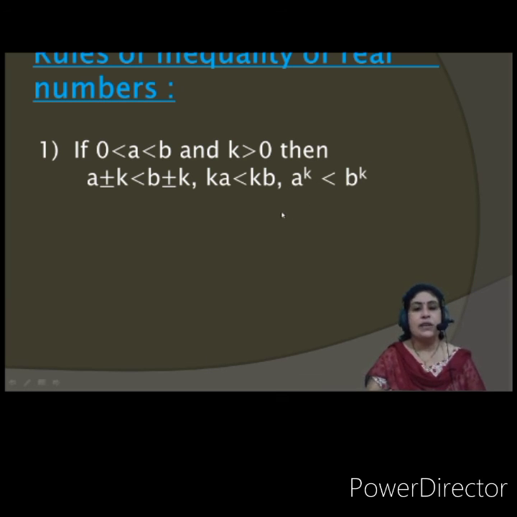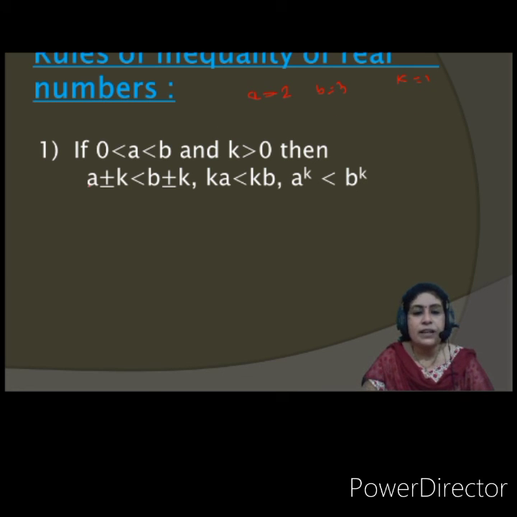You can verify. You can take any number, say a is 2 and b is 3. Suppose you take a as 2 and b as 3, and say k you take as 1. For this example, you can take any. I am taking 1, a simple one so that you all understand. K is 1.